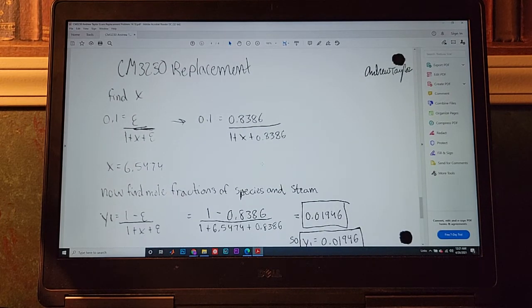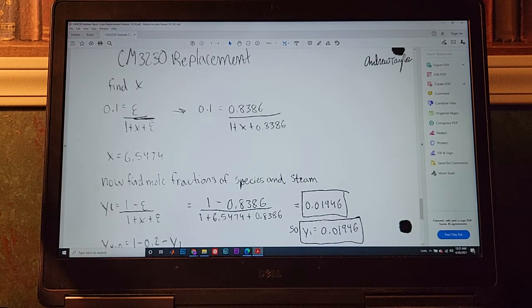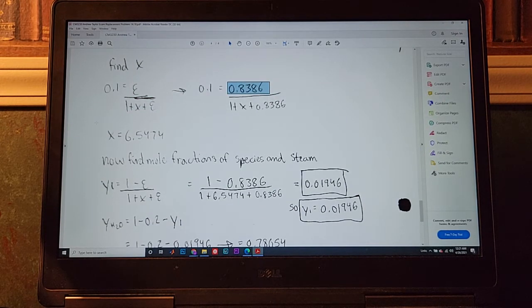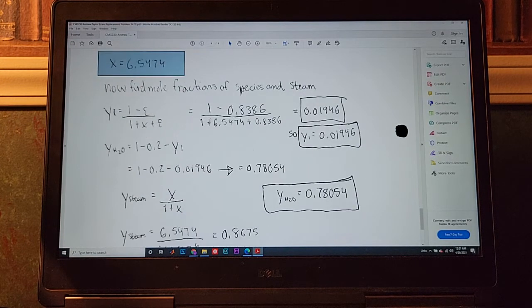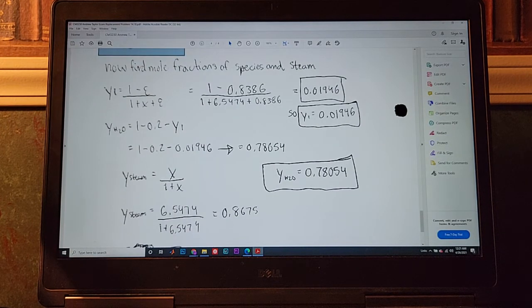Next we will find X, plugging in our values that we have found above, 0.8386 for epsilon. When you solve for X, you get X equal to 6.5474, and now we can find our mole fractions of the species and steam. So here we plug in our values for Y1.